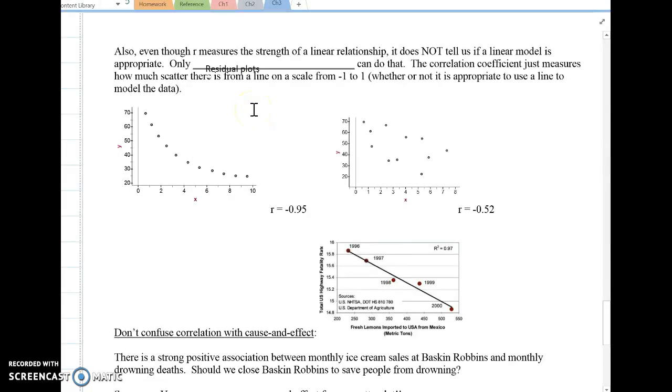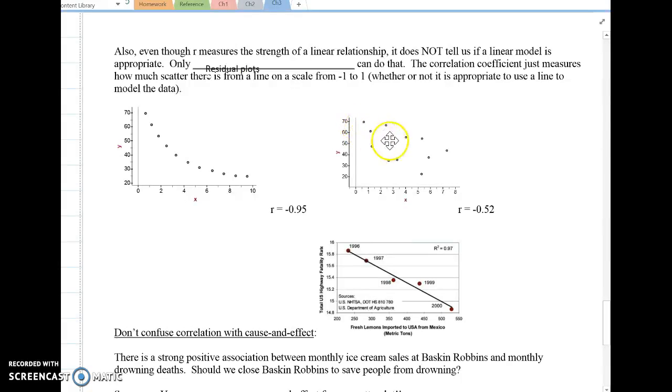So residual plots are going to tell you if you have an actual linear relationship. Because if we look here, you can have a pretty strong R value even when a line is not the best fit. If you look at this first graph, if you did your linear regression line, you kind of get it going here. This is clearly not linear, but the points are still going to be really close to that regression line, so I get a pretty strong R value.